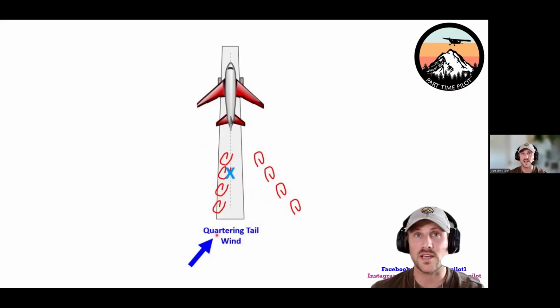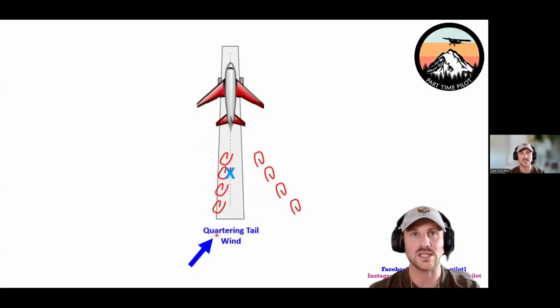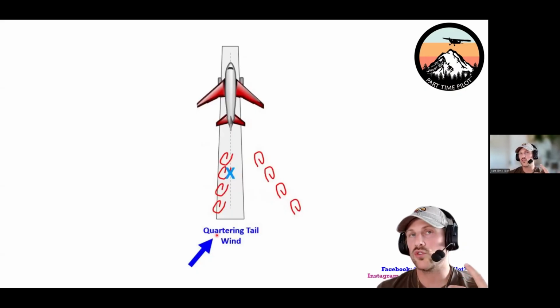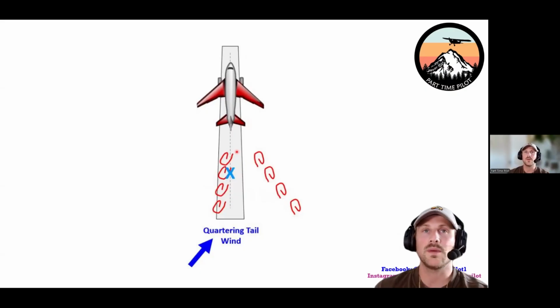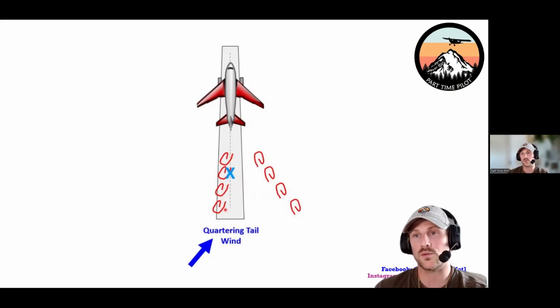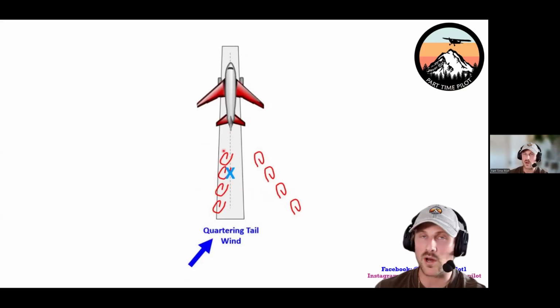Now, a quartering tailwind is one of the most dangerous tailwinds to have with wake vortices, because it's pushing those vortices right onto the runway. It has a crosswind component, pushing them this way to the right, and it's also a tailwind, so it's keeping them on and up the runway. It's the worst situation you can imagine for a wind, because it's placing these vortices right on the runway.